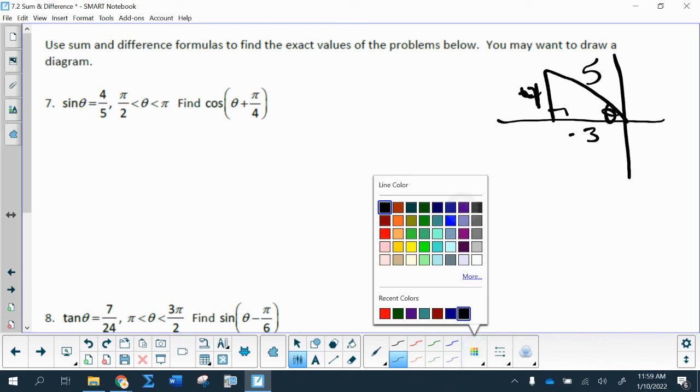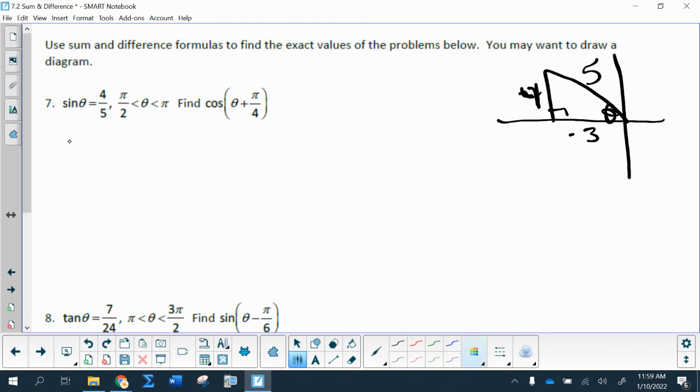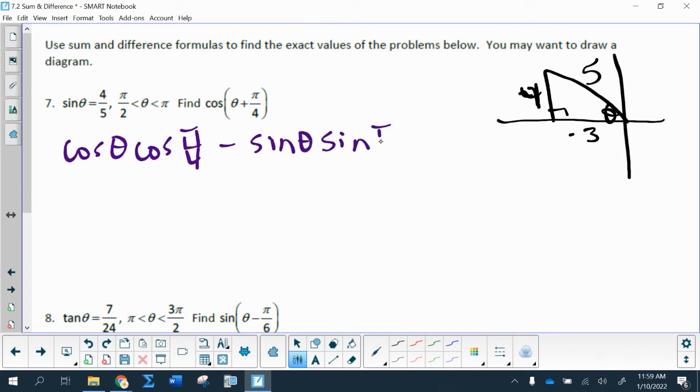So I'm going to use my formula. The cosine addition formula is cosine theta cosine pi over 4 minus sine theta sine pi over 4. Cosine of theta, here's theta, cosine of theta is negative 3/5.